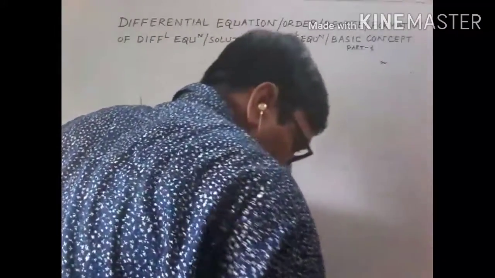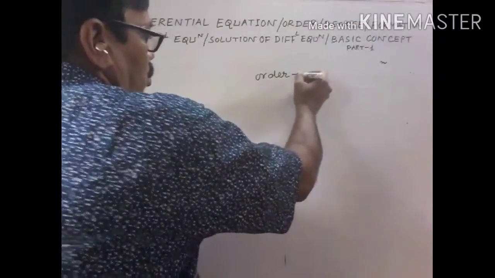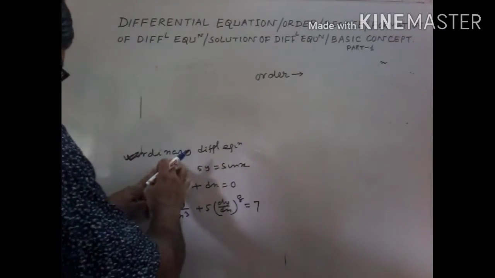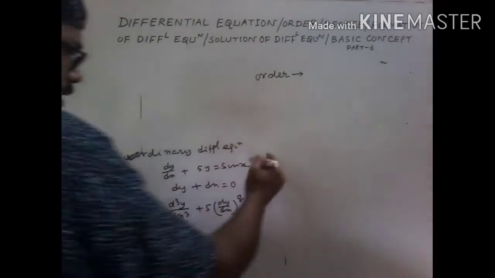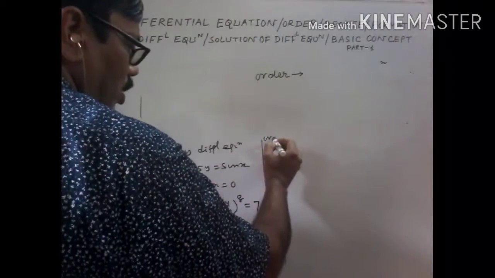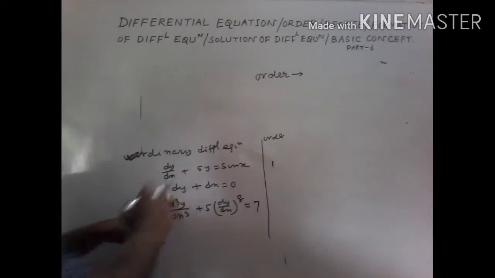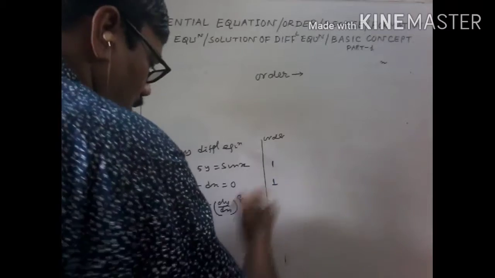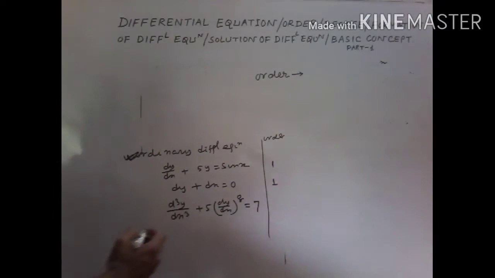Now, order of a differential equation. Consider this one. Look, how many times is the derivative performed? Only one time. That is why the order is 1. For this example, it is a first order differential, so the order is 1. Now look at this one.